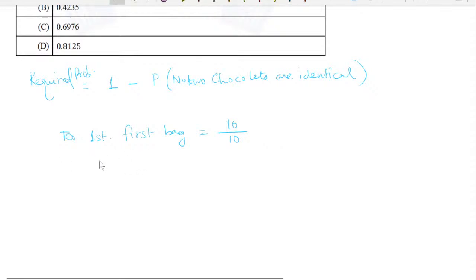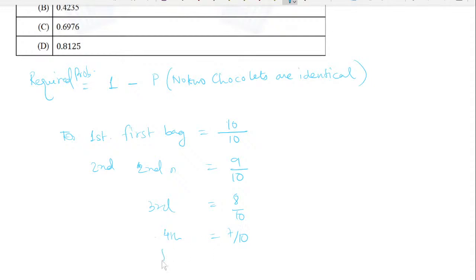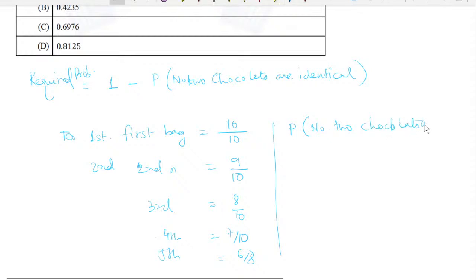Then the probability for the second bag is equal to 9 by 10. Then the probability for the third bag is equal to 8 by 10. Then the fourth bag is equal to 7 by 10, and the fifth bag is equal to 6 by 10. That is the required probability of no 2 chocolates being identical.